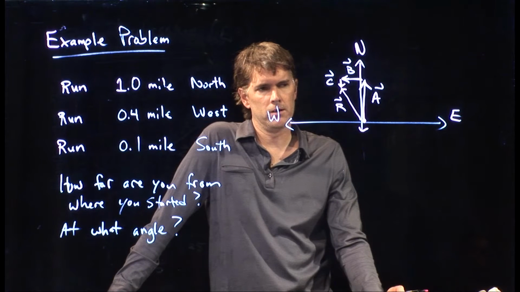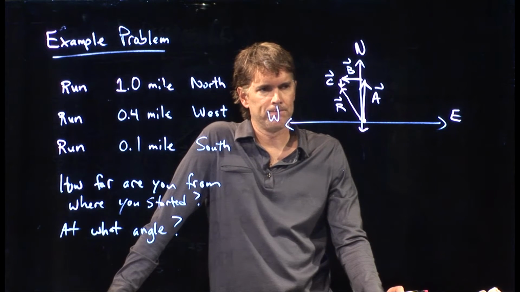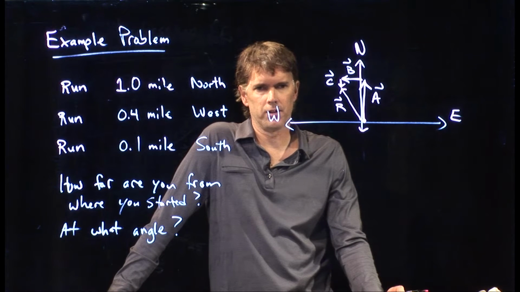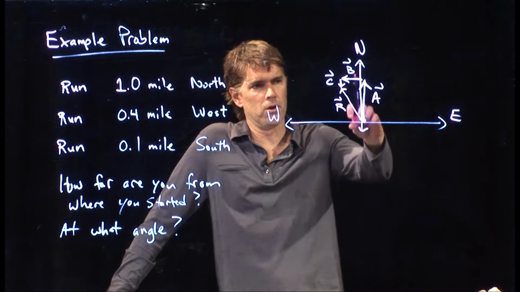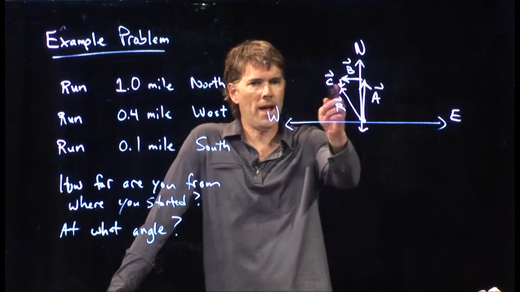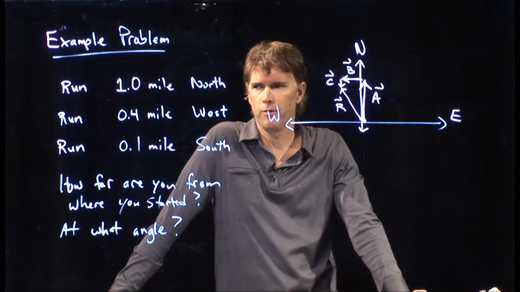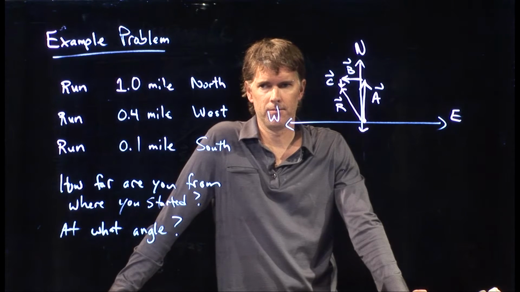So when we deal with vectors, one thing that we need to worry about is how those directions are going to add up. Okay? So if I'm going north for 1 mile, and then I go west for 0.4 miles, does that change how far north I am?